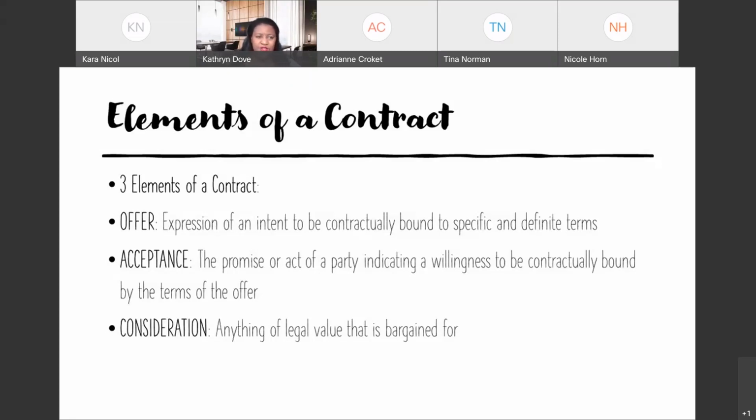One person gets the car, one person gets the money. So that's a valid contract. That contract does not have to be in writing to purchase a vehicle. It would be nice if it was, because then it'd be easier to enforce in the event that the buyer drives home and doesn't pay for the car. But that contract can still be enforced without a writing, as long as there's offer, acceptance, and consideration.